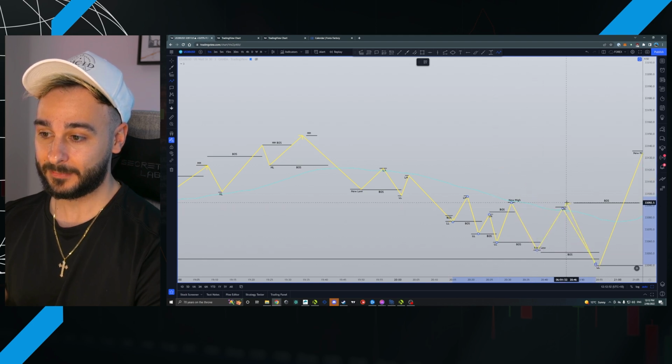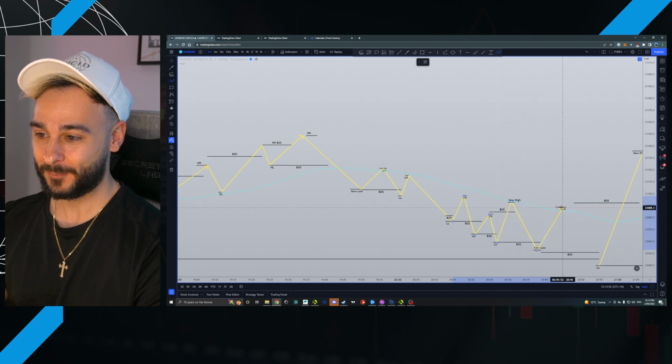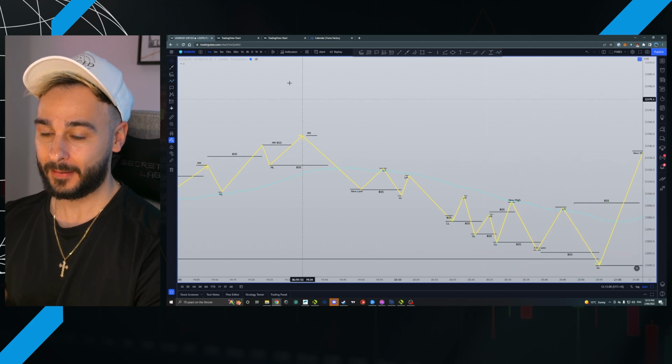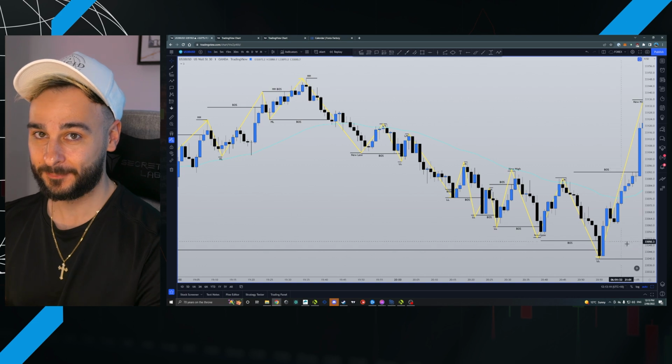So if I was to bring this back on, I just got rid of it all. Bear with me, guys. There we go: lower low, lower high, lower low, new high, new low, lower high, lower low. All right, and if I bring it back on, you can see how I have measured just by using the reference points in structure.